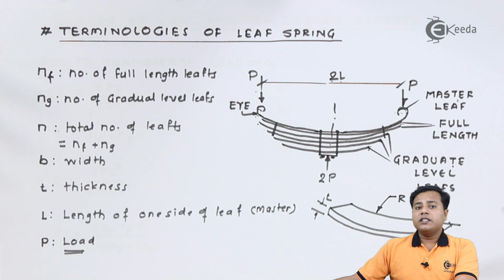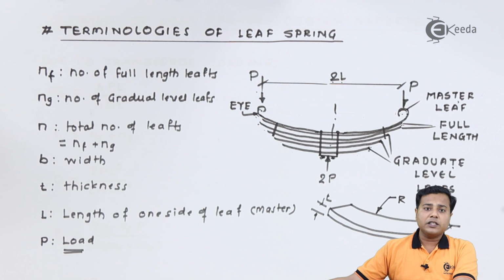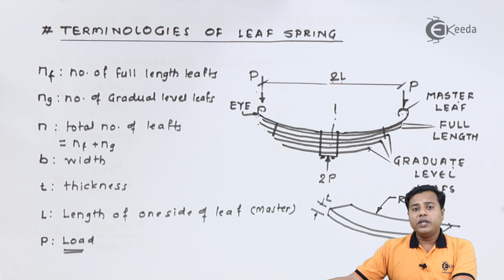Now of course there are many assumptions made in the analysis of this spring, but since the syllabus is restricted to the design aspect and applied design aspect, we are not going into the depth of the derivation.